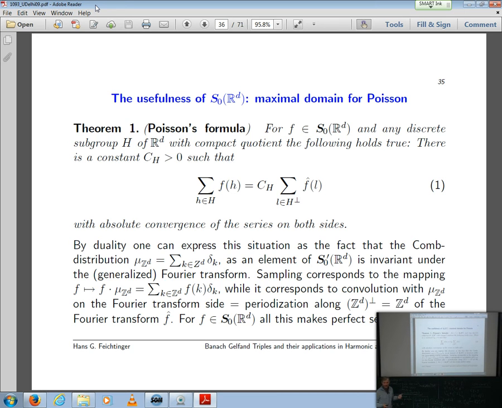So it's clearly an unbounded measure, but it's still a linear functional on this space. And therefore, you can take its Fourier transform. So we all know that this version of Poisson is an equivalent statement that the Shah distribution, the sum of the Diracs of the discrete co-compact subgroup, is going into the Shah distribution of the orthogonal subgroup.